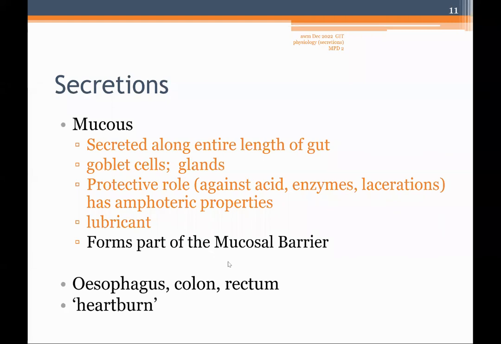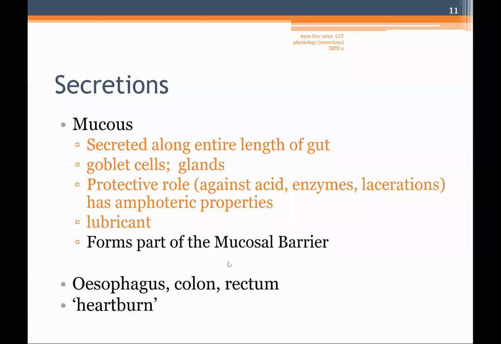It also protects by forming a layer, like lining the surface. It prevents the enzymes from getting into contact with the epithelial cells. Because remember, when you have protein digesting enzymes, they don't know that this is cow protein or this is chicken protein and this is human protein. They will digest whatever protein they come across.